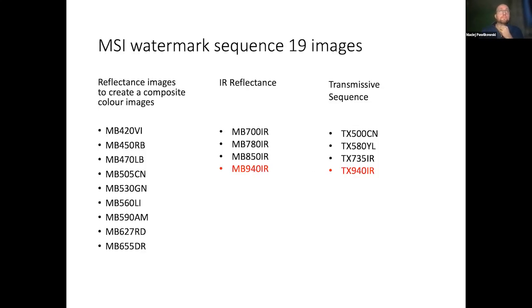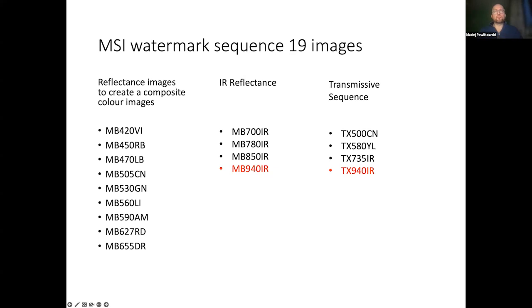So for the watermark images, the sequence I showed you before takes about 10 minutes. Now, for watermark images, we thought, oh, we want something a bit more effective. So we're going to do a design for the project. The sequence, which is a bit different, is quicker. It only takes just over a minute. And it contains some of the main base reflectance images.